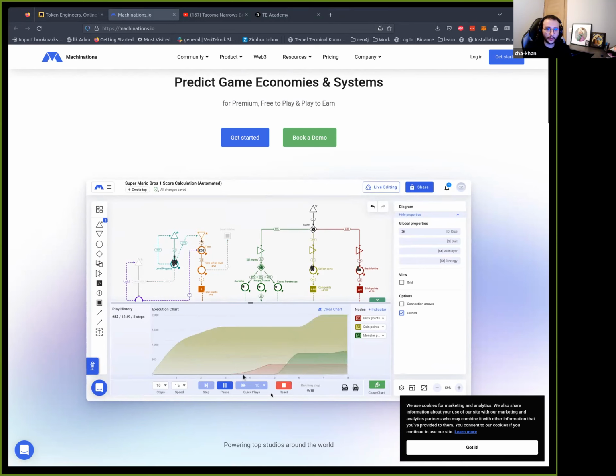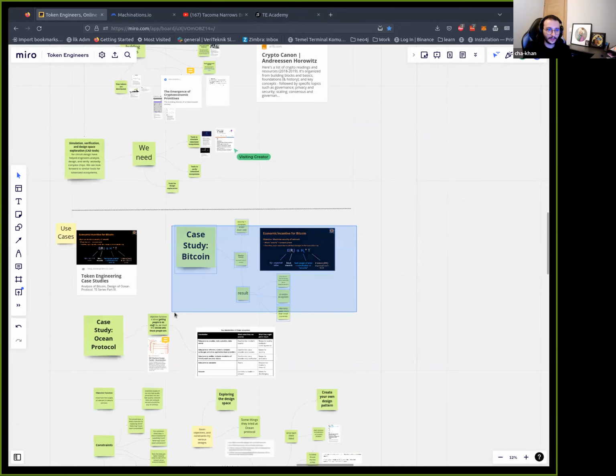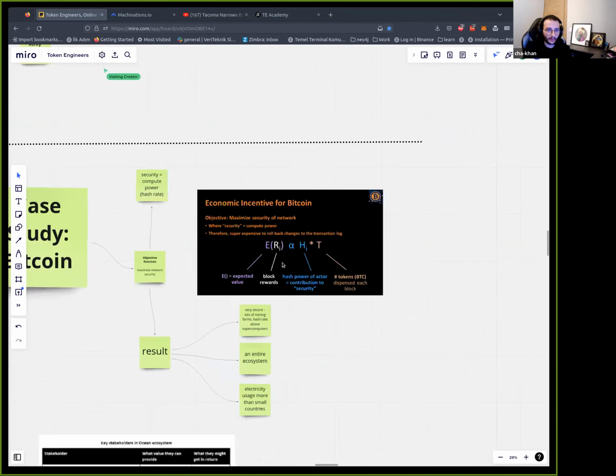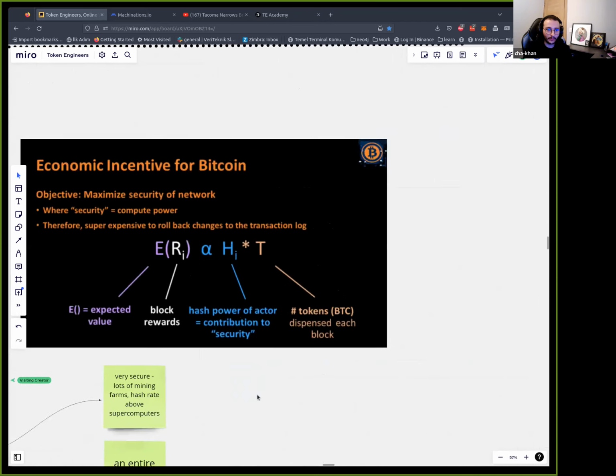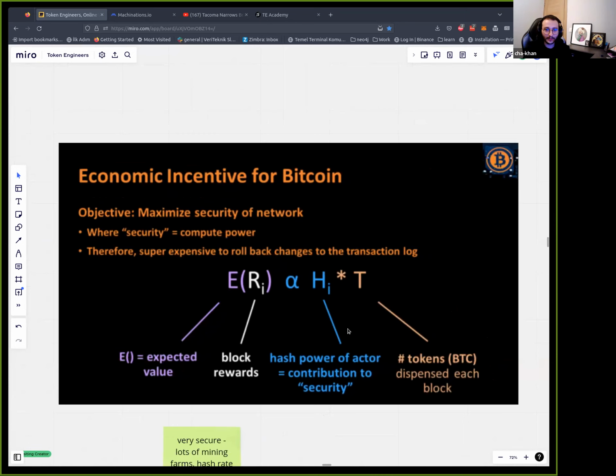So that's where we hope to get through learning in this course. Before we get there, one case study is important here. We're all familiar with Bitcoin. These are the objectives and constraints of Bitcoin. The objective is to maximize security of the network, and security here is the compute power of the entire network.